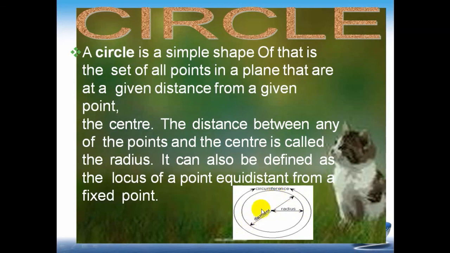So a line which touches two boundary points of a circle and passes through the center is called a diameter. So the diameter is actually a chord, but not every chord will be a diameter. The definition of the chord is that it touches two points of the circle. A line which touches two boundary points of the circle is called a chord.